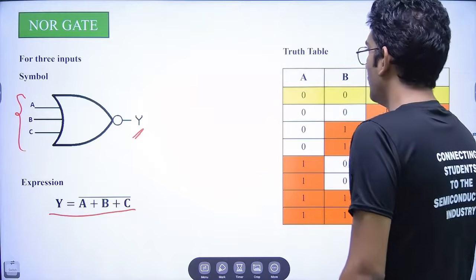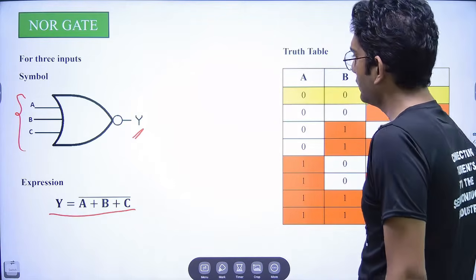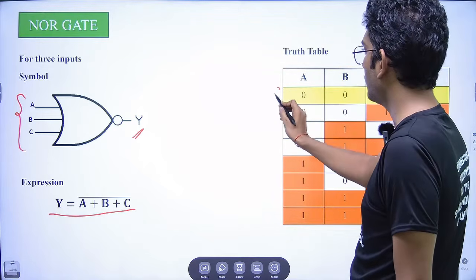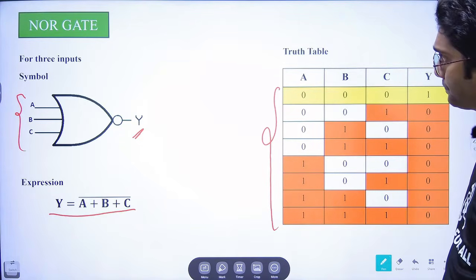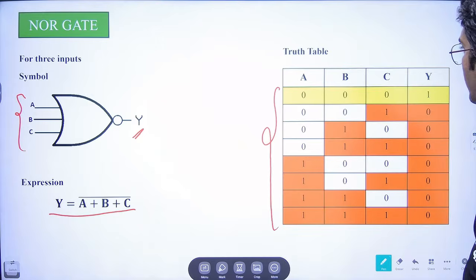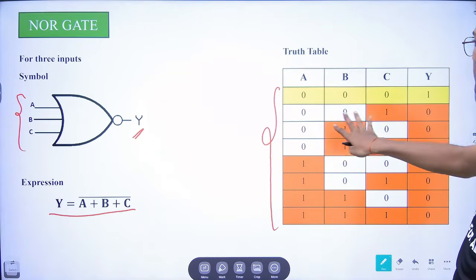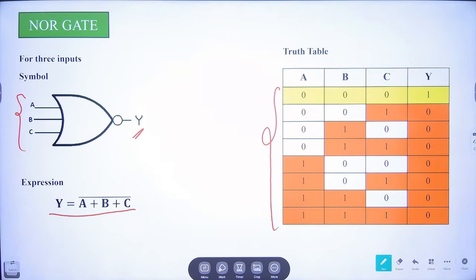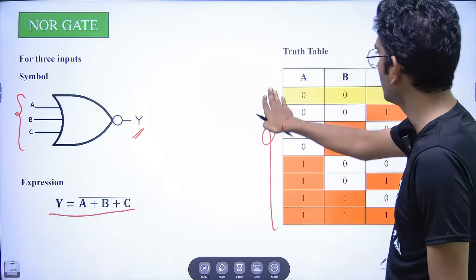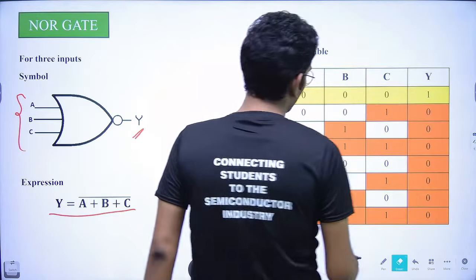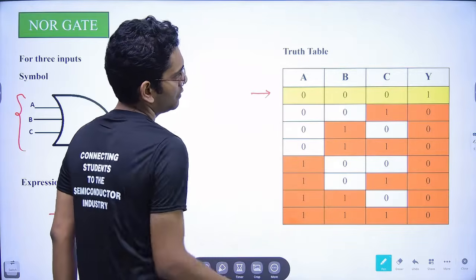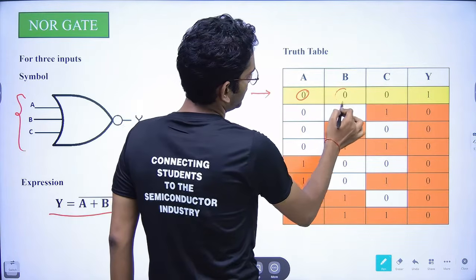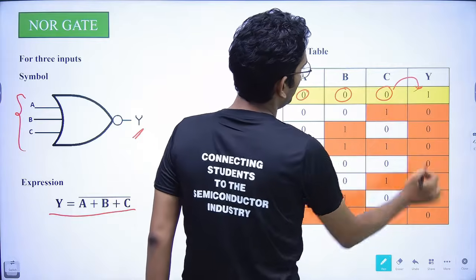As 3 inputs are present, we will get a total of 8 combinations of input. As I told you just now, in the NOR gate, if any of the inputs is 1, we get 0 as our output. You can easily see that only in the case where all the inputs are 0, we get 1 as our output.